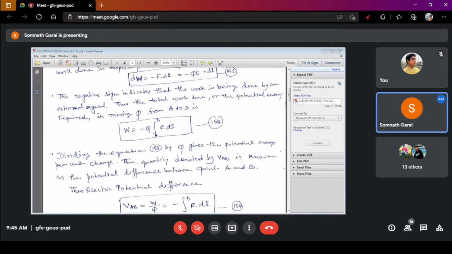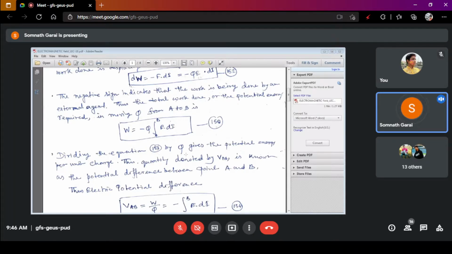Now if we divide this equation 153, W = minus q integration of A to B E dot dl, by q, it represents the potential energy per unit charge.